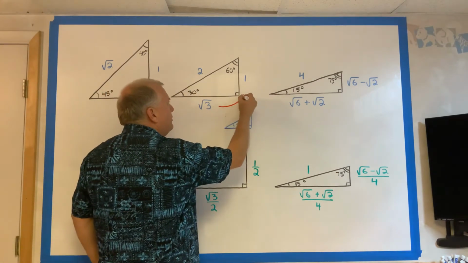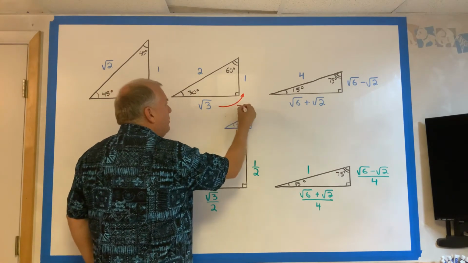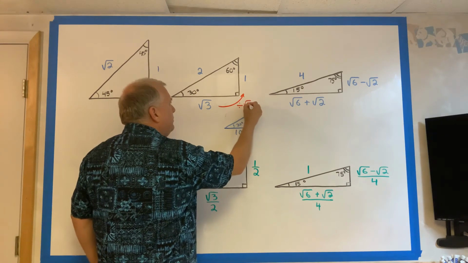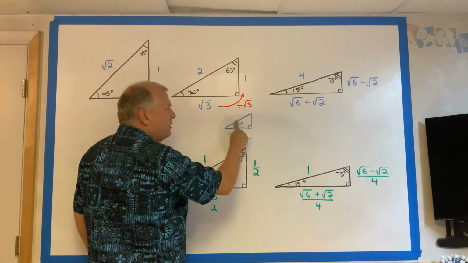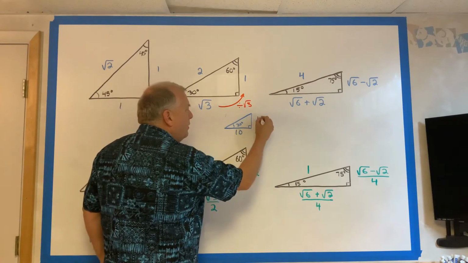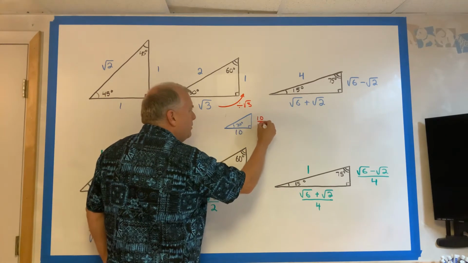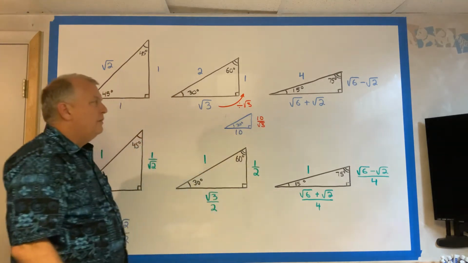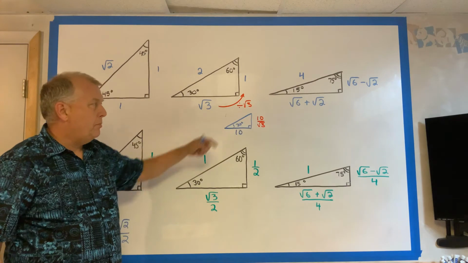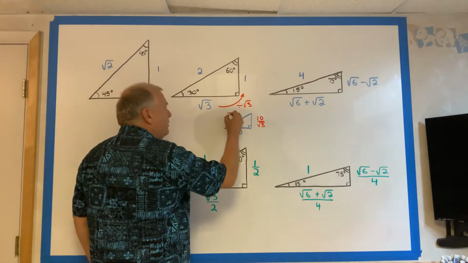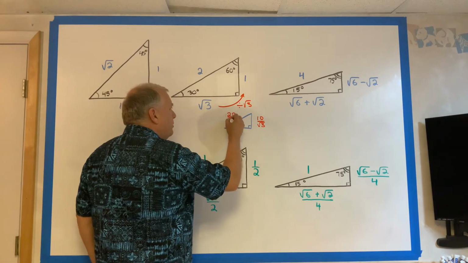The instructions are divide by root 3. So if you want to go from a long leg of 10 to the short leg in a 30, 60, 90 triangle, all you have to do is divide by root 3. To go to the hypotenuse from the short leg, you double the length of the short leg, 20 over the square root of 3.